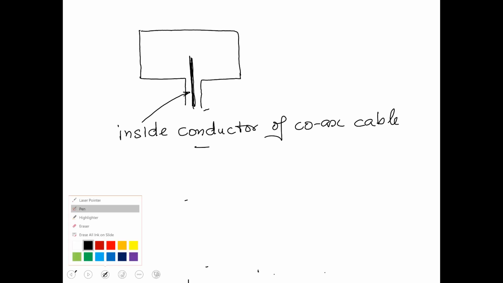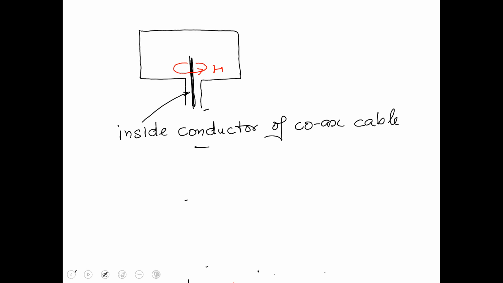So if I look at the magnetic field, if I'm trying to pass some current through this coax cable, then the magnetic field is going to make a loop around the conductor, and this is almost going to behave like a lightning rod.